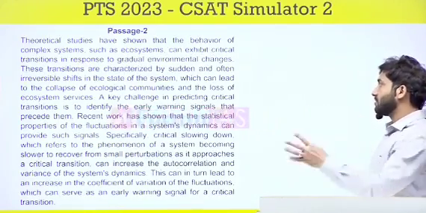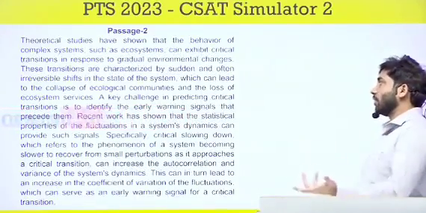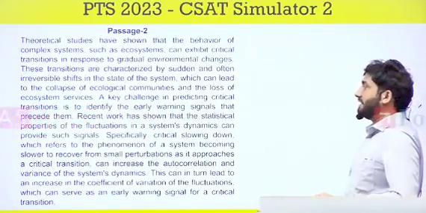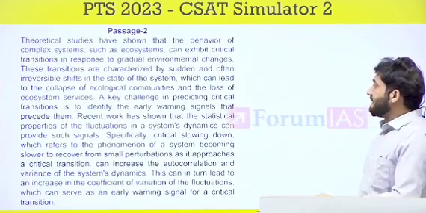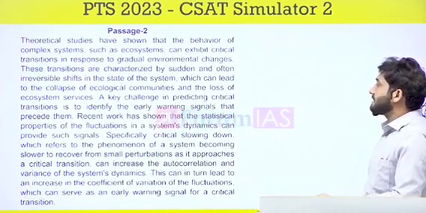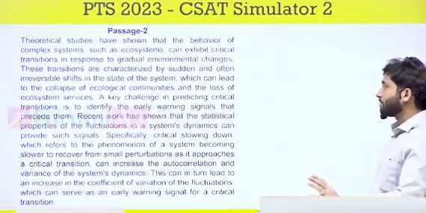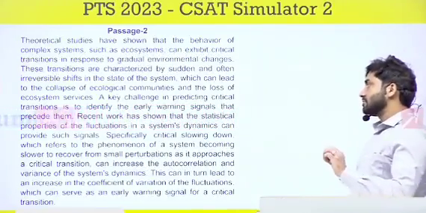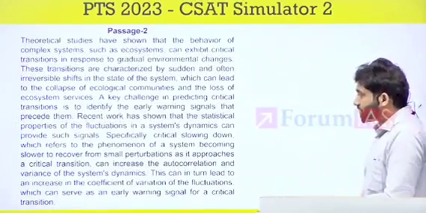So before all these irreversible changes happen, before the collapse happens, there are some warning signals. So that needs to be identified in order to predict the critical transition. Recent work has shown that the statistical properties of the fluctuations in the system's dynamics can provide such signals. So how these signals could be gauged, that is what is being said.